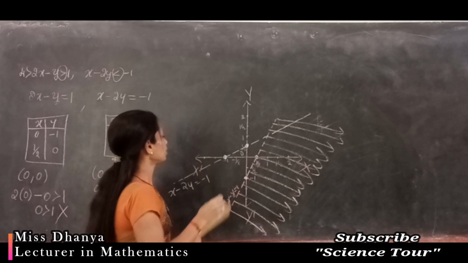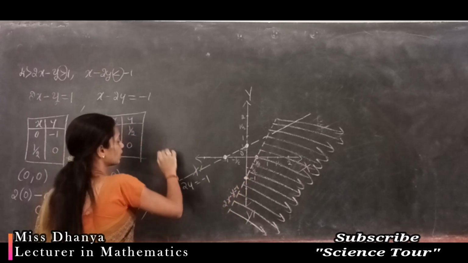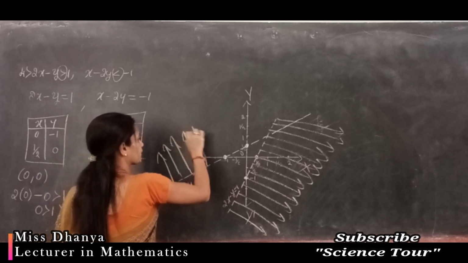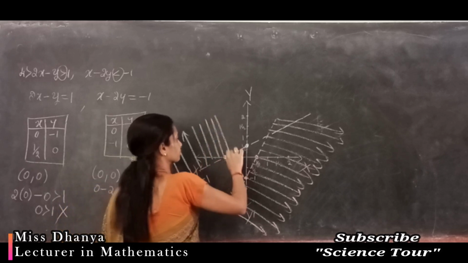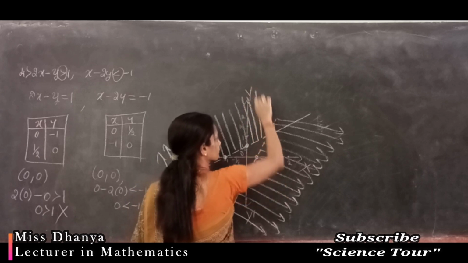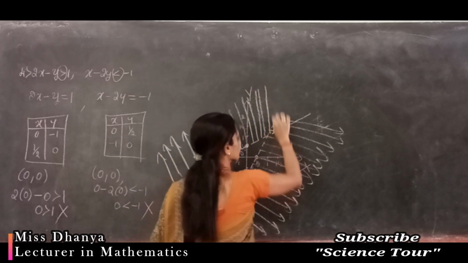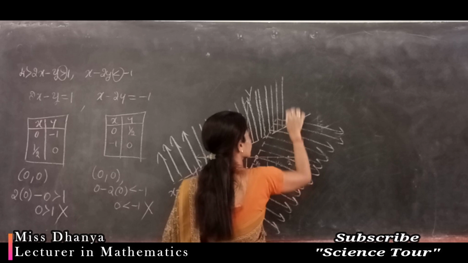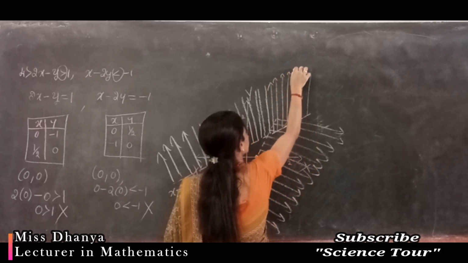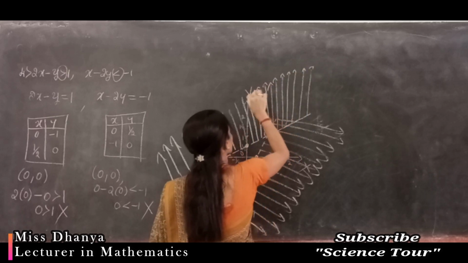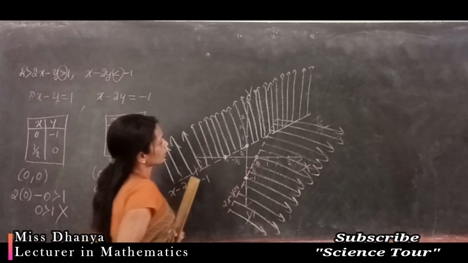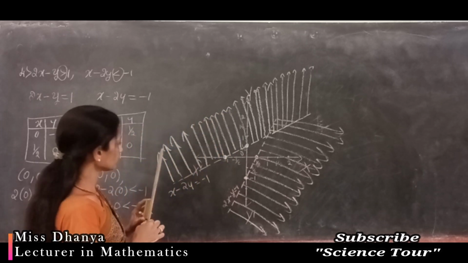So shade the upper half plane of this x minus 2y line. So this is the solution region of the second inequality.